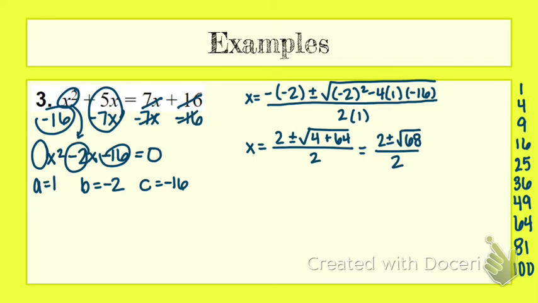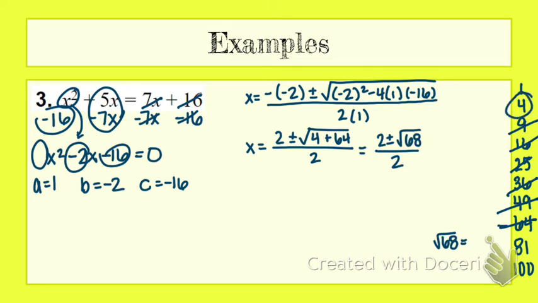So over here to the side, the square root of 68, and we want to break it into two different radicals. So if we look at our list, 64 is the first number that's smaller than 68, but that's not going to go evenly. 49 does not work. 36 does not work. 25, no. 16, no. 9, no. But 4 does work.